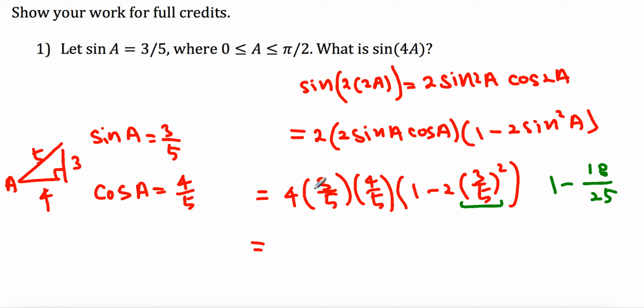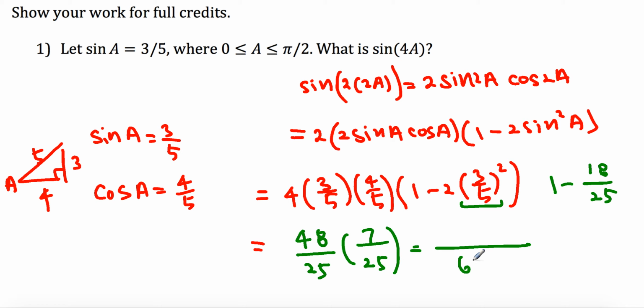So we get here, this one becomes 12 times 4 becomes 48 over 25 times 7 over 25. And the denominator becomes 625.